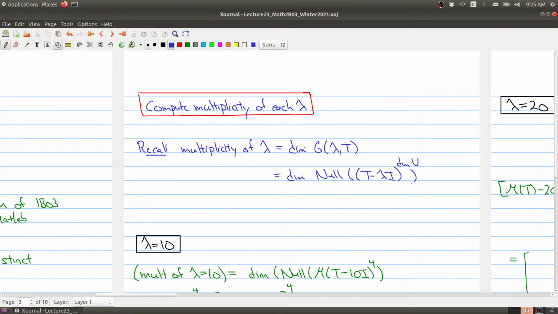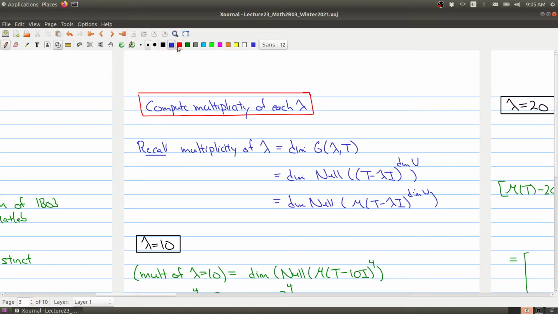The next thing we need to notice is that this is the same thing as the dimension of the null space of the matrix of the corresponding linear transformation raised to the dimension of V. We're looking at it as the dimension of the null space of the matrix. We're back in Math 1B03 land.